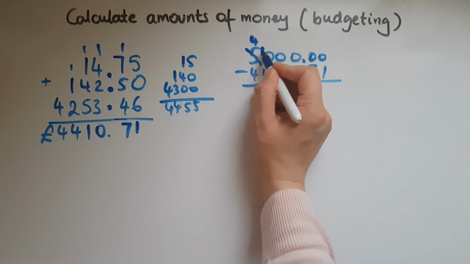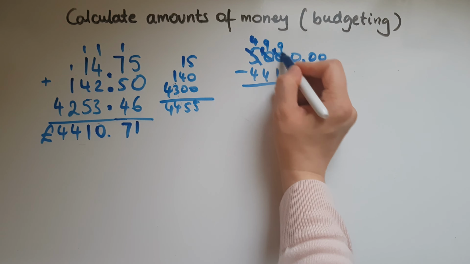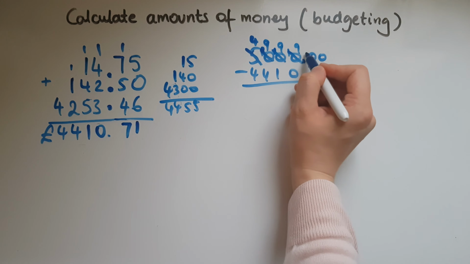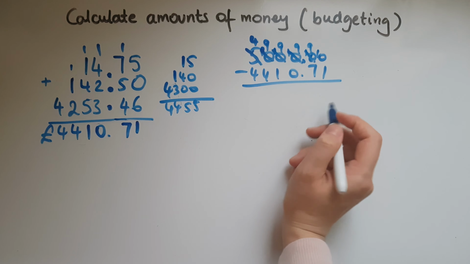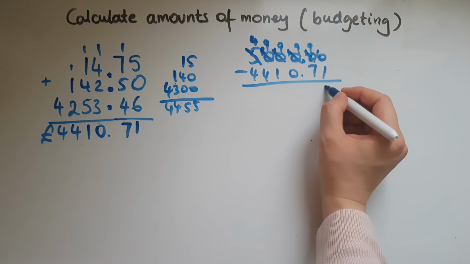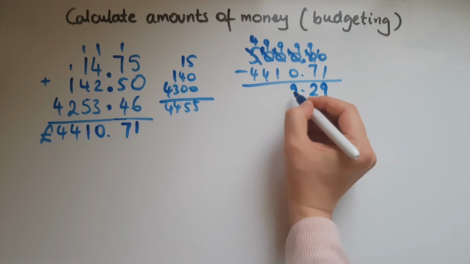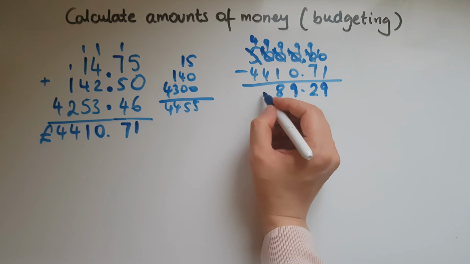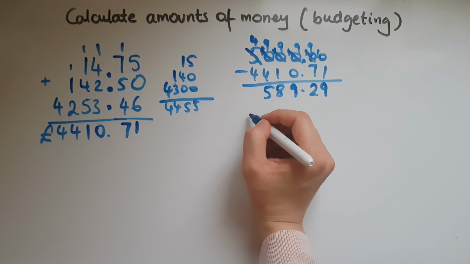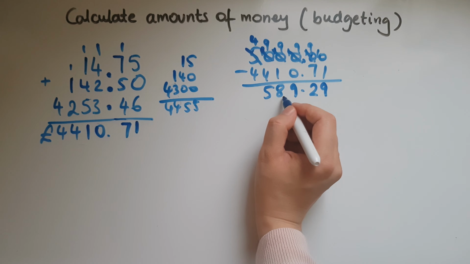Now this one can borrow from this to make it a 10, and this becomes a 9. So 10 take away 1 is 9, then we have 2, then 9, 8, 5, and that's it. So this is £589.29 left.